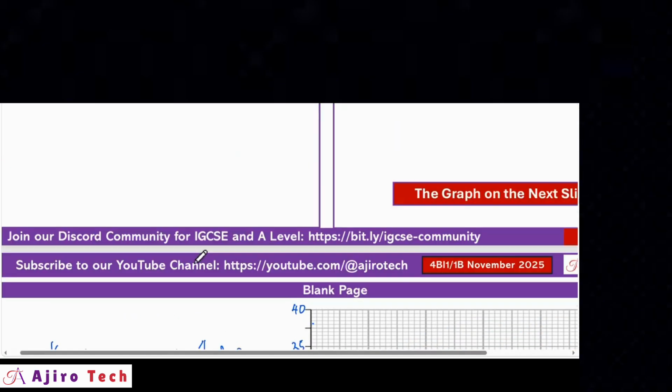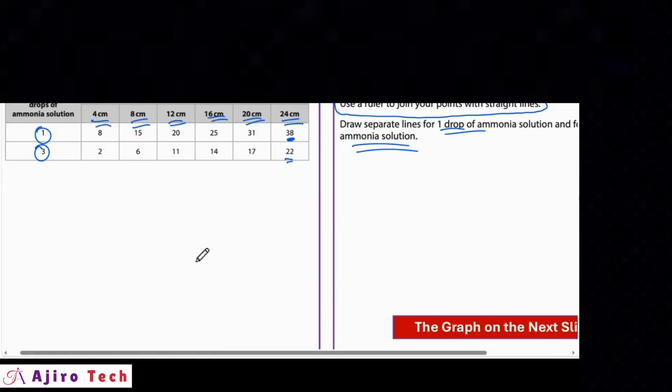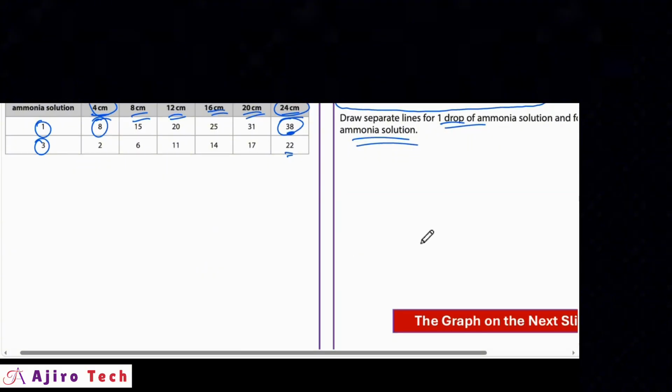For one drop, for 4 cm, it is 8 seconds. And for 24 cm, this is 24 here, 38.